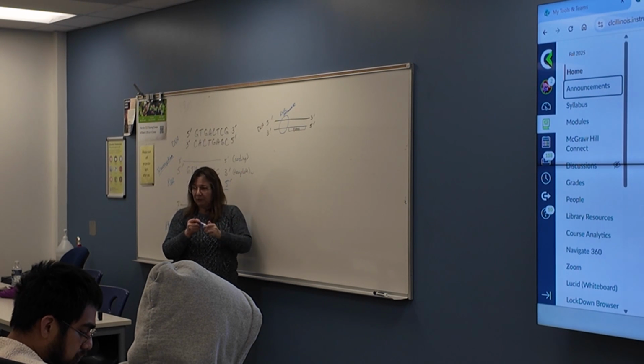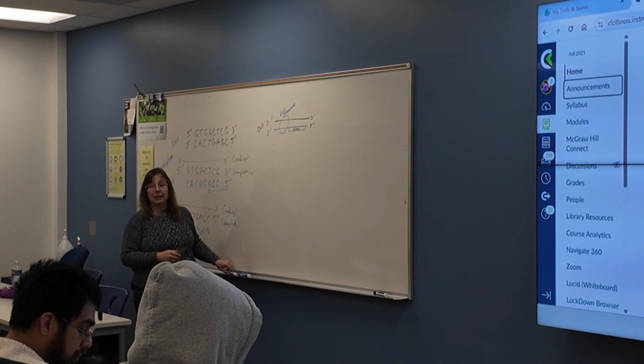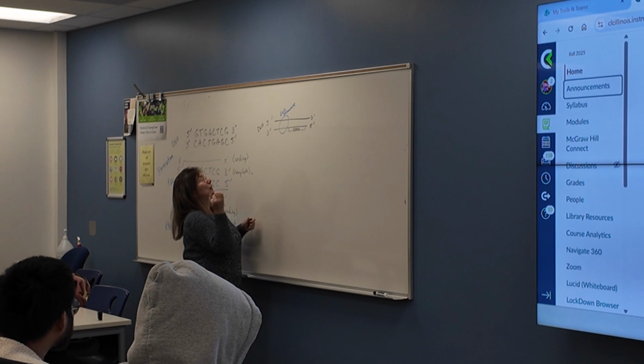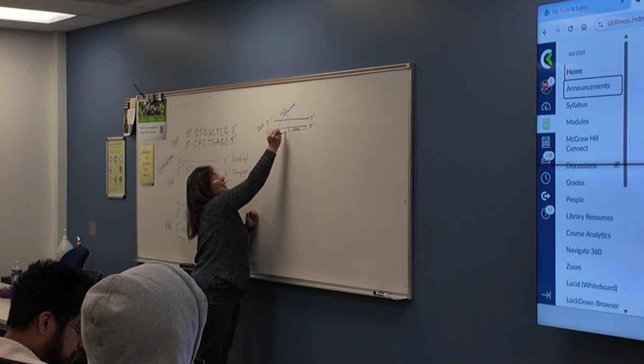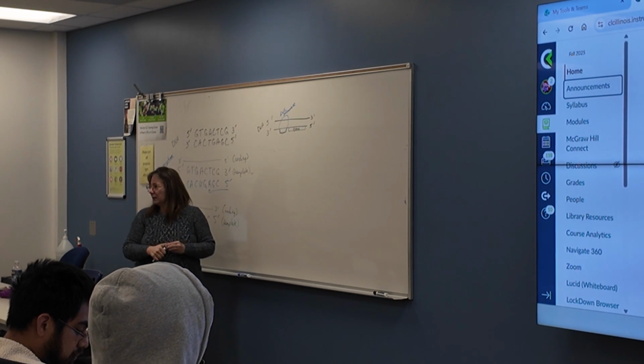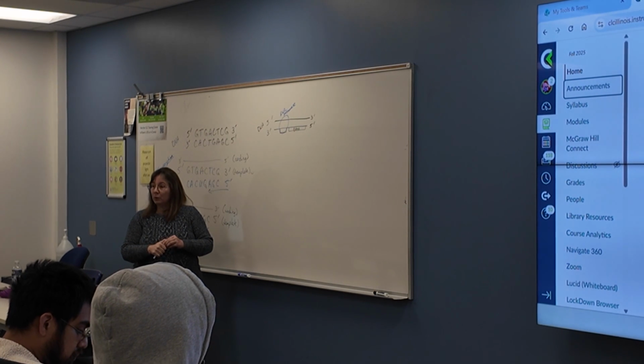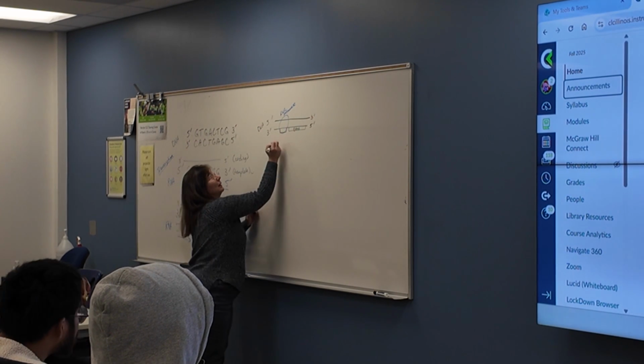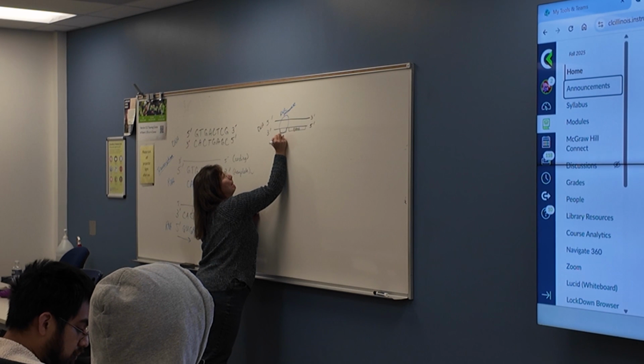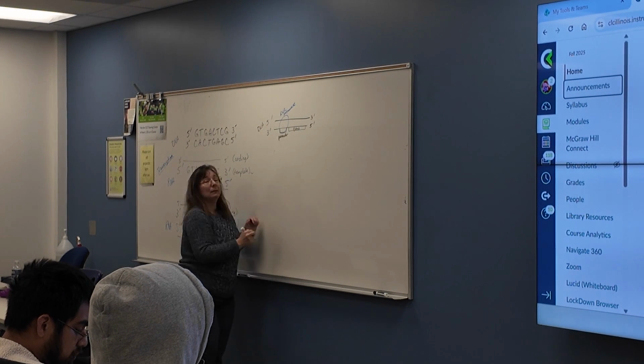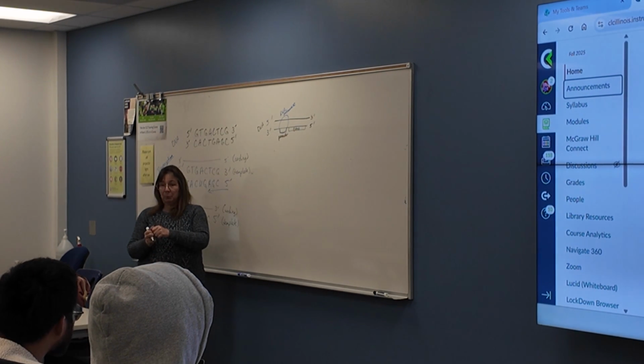It's a very specific location on the DNA. Right here. We're going to call that the promoter. So RNA polymerase binds the promoter.